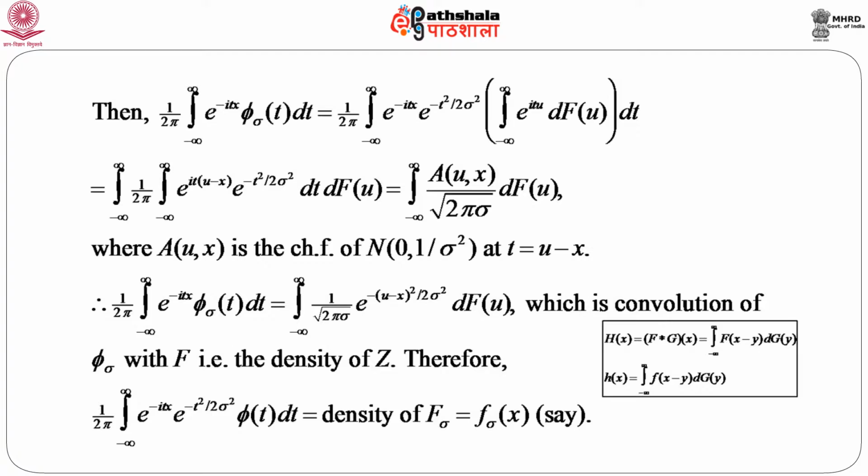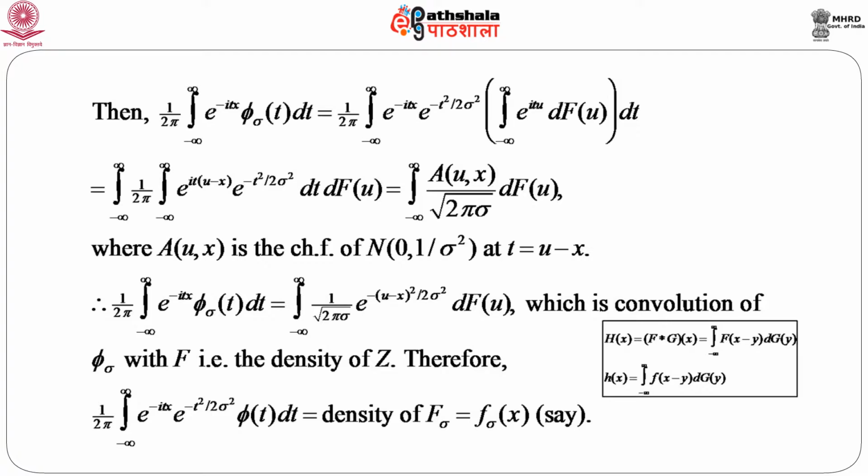minus infinity to infinity integral of 1 by 2 pi integration minus infinity to infinity e to the power i t into u minus x into e to the power minus t square by 2 sigma square dt dF u.